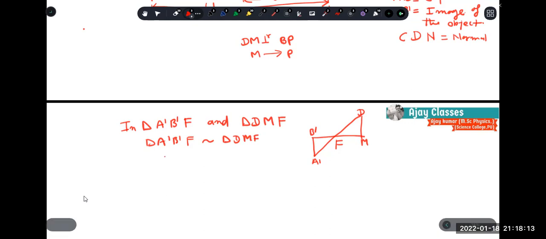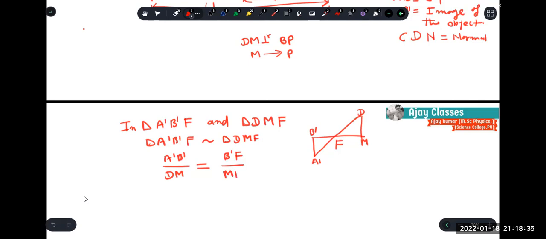So the height A dash B dash, the size of the image, to the height DM is in ratio, and the base B dash F of one triangle to the base MF of the other.